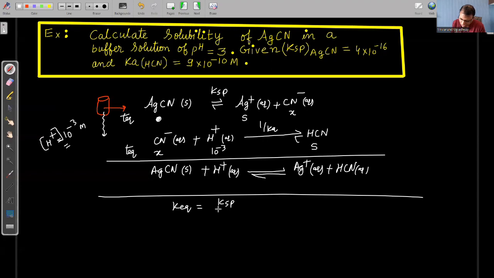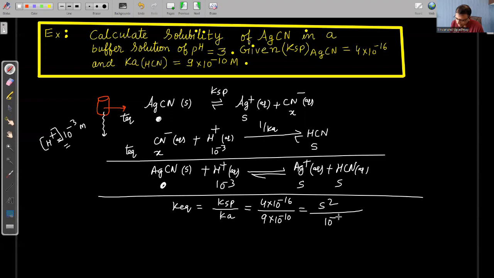So from here, if we simplify, what is the value of the equilibrium constant for this reaction? That is equal to Ksp divided by Ka, that is Ksp upon Ka. If we put the value for AgCN, this value is 4 into 10 to the power minus 16, and the value of Ka is 9 into 10 to the power minus 10. That is equal to, if I put the value, this solid is there, this is 10 to the power minus 3, and this will be S and S. So we can write solubility square upon 10 to the power minus 3.